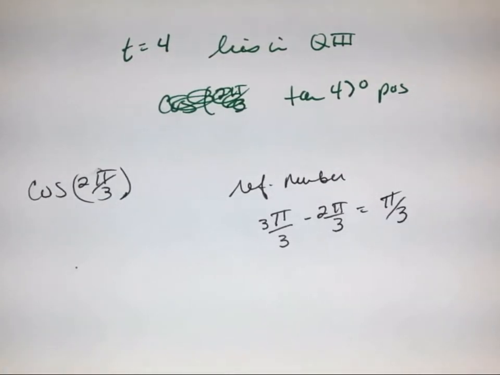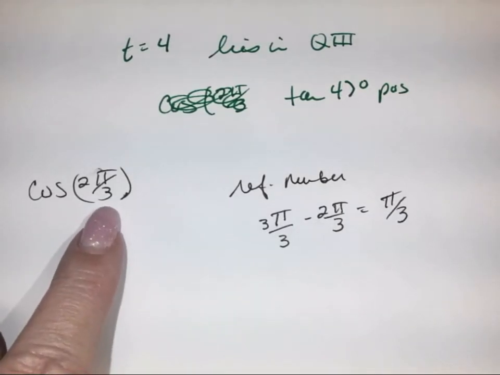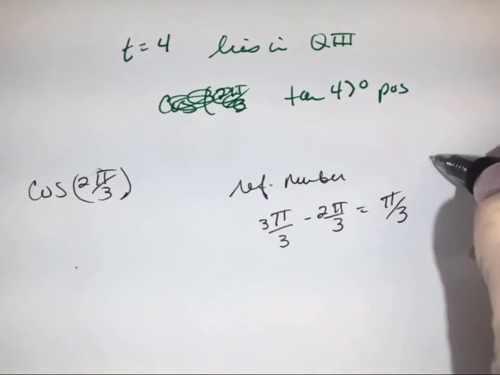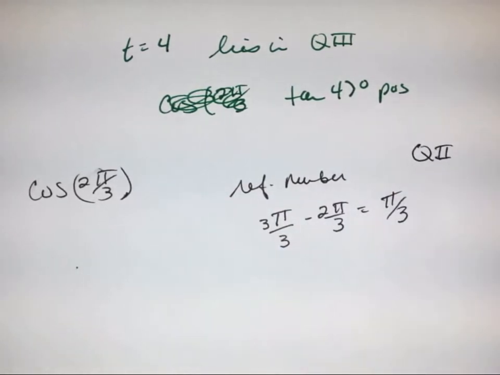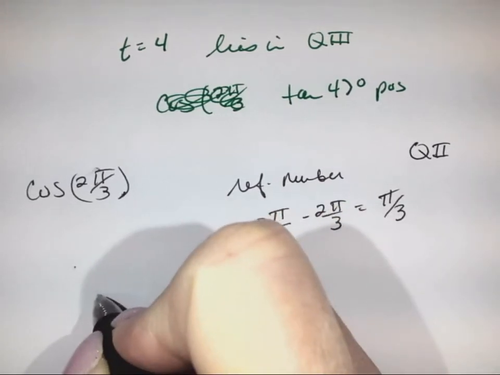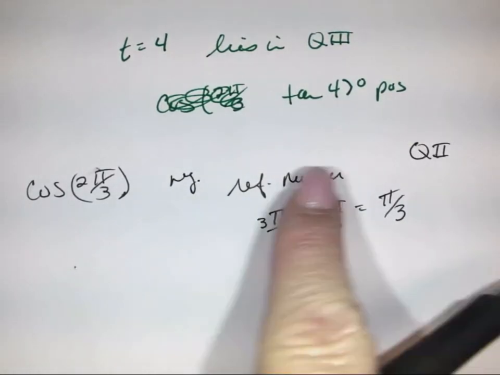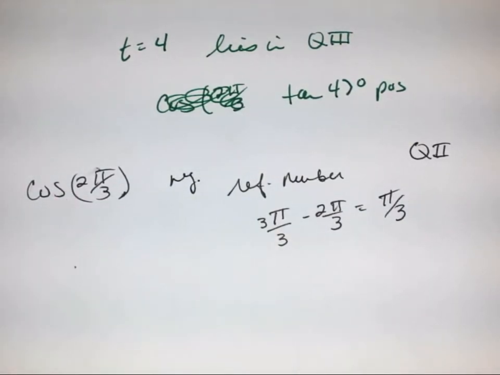And this terminal point would be in quadrant 2, and that helps us know which way our signs go. So we know that the cosine is going to be negative, right? Because in quadrant 2, cosine is our x value, so it will be negative.